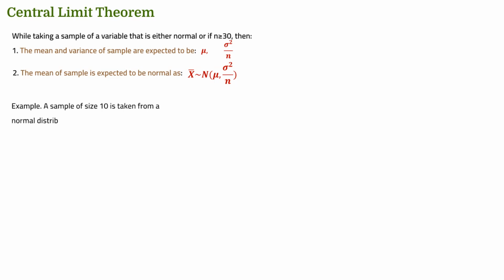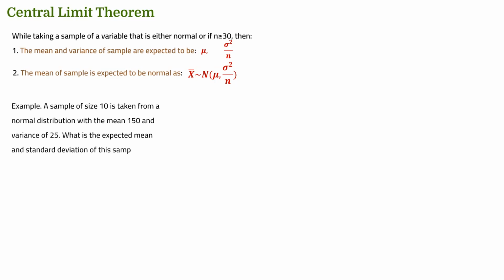Example: a sample of size 10 is taken from a normal distribution with a mean 150 and variance of 25. What is the expected mean and standard deviation of this sample? Based on the central limit theorem, since the variable is normal, one can use the central limit theorem.